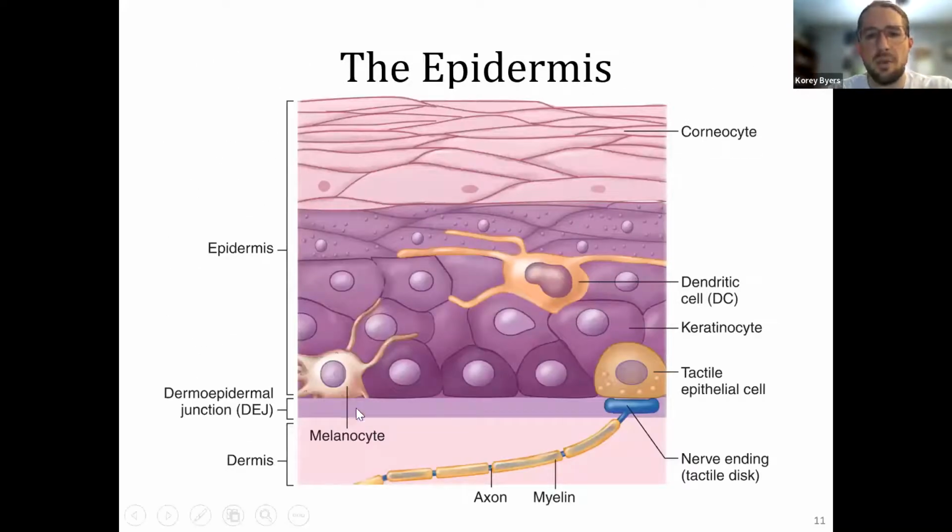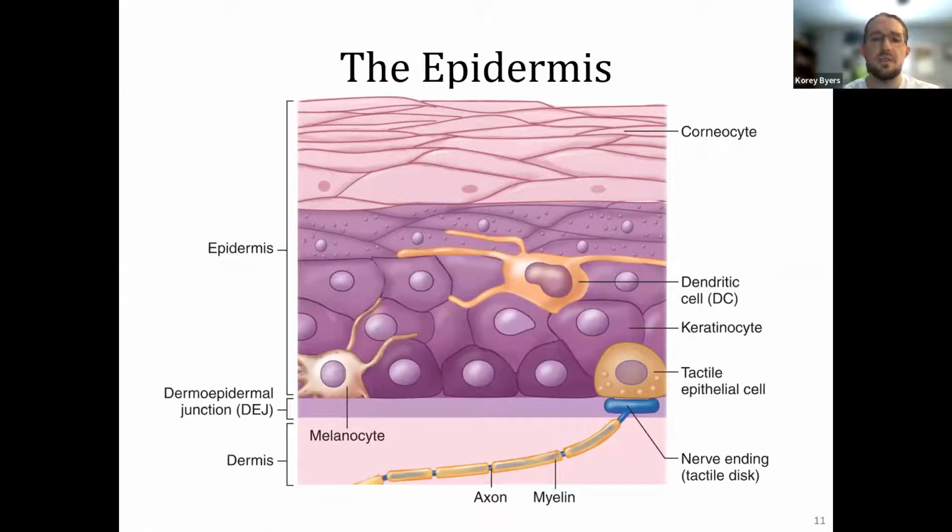So down here we have a dermal-epidermal junction. Here we have our base cells, stratum basale, moving up, they can become keratin-filled corneocytes. But go down here where the dermis is. We have our melanocytes and our tactile epithelial cells. Dermal-epidermal junction, we draw as a line here, a glue that connects the two. It's going to act as a seal, a barrier.